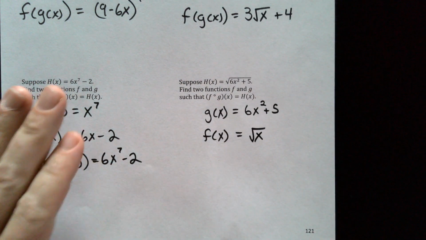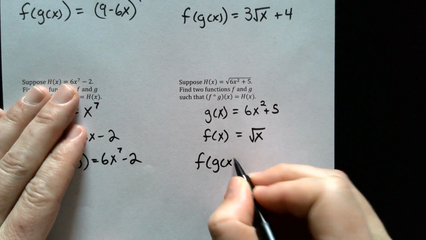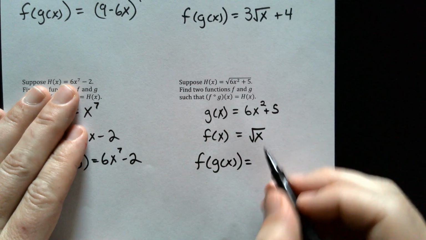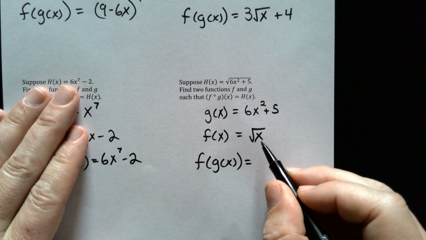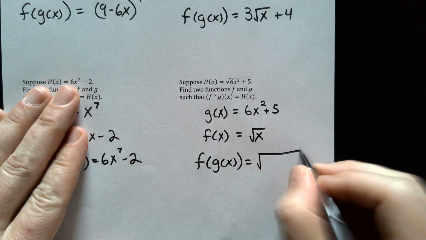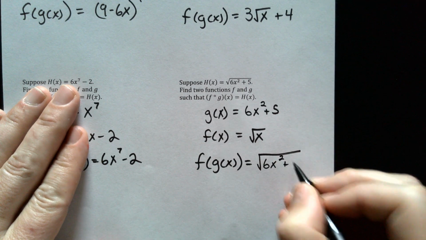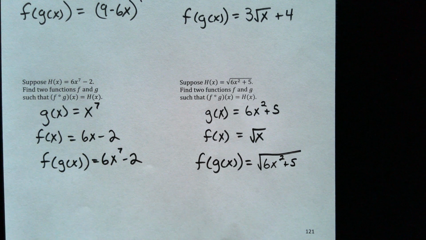Okay, and now if we want to compose them, f of g of x equals, everywhere we see an x in this, we put what? This stuff. Okay, so instead of square root of just x, we put this inside, which will be the square root of 6x squared plus 5. Is that just like the original? Yes, it is. And that is it.